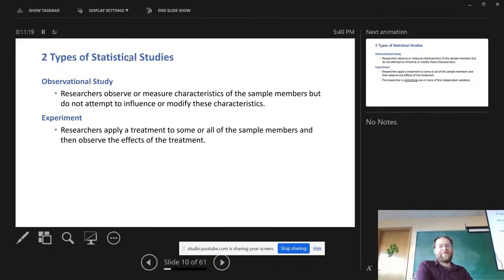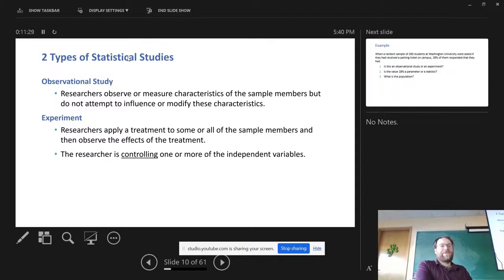Whereas an experiment, the researcher is trying to make a change to the environment or the participants. Often the researcher controls one or more variables, called the independent variables, and then tries to measure an outcome, which is a dependent variable.